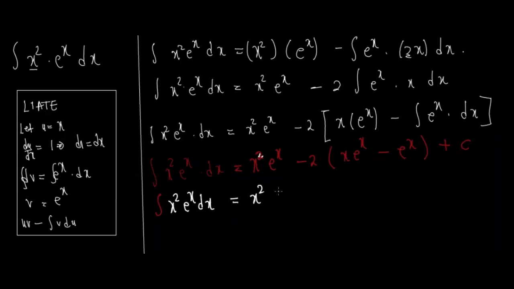So you'll have x squared times e to the x minus 2 times x e to the x, which will become 2x e to the x, and minus 2 times minus e to the x will become positive 2 e to the x plus c.